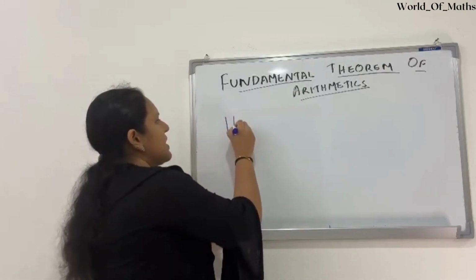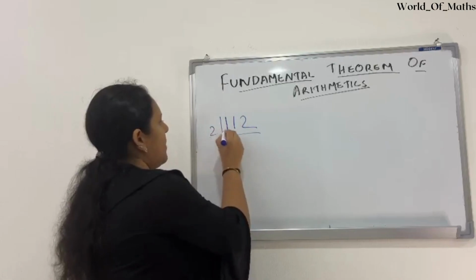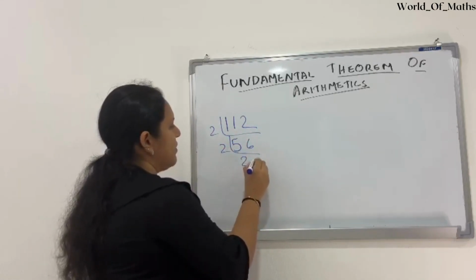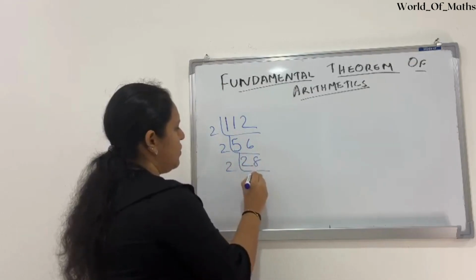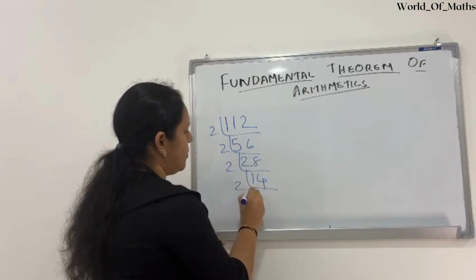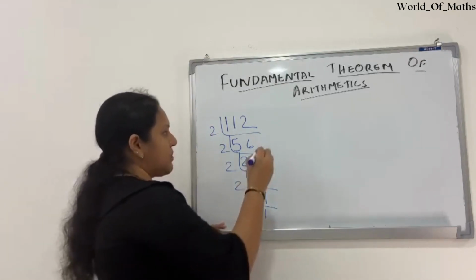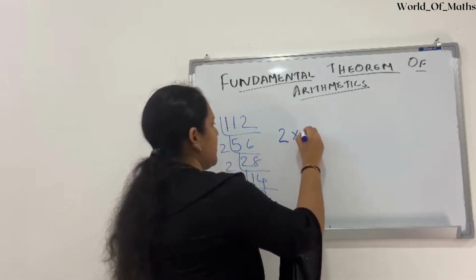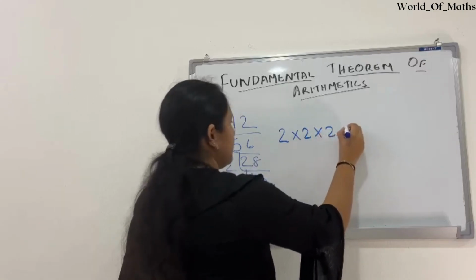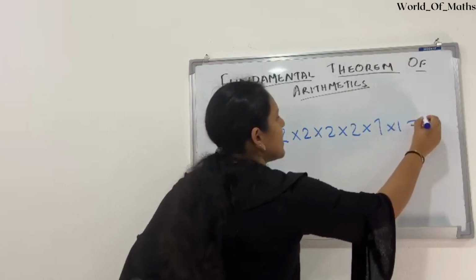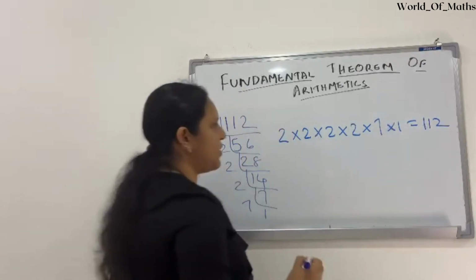If we prime factorize 112, we will have 56, 2 will give you 28, 2, 14, 2 and 7, 1. So 112 can be expressed as 2 multiplied by 2 multiplied by 2 multiplied by 2, multiplied by 7 multiplied by 1, which will give you 112.